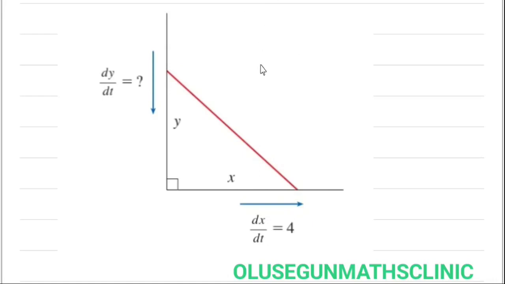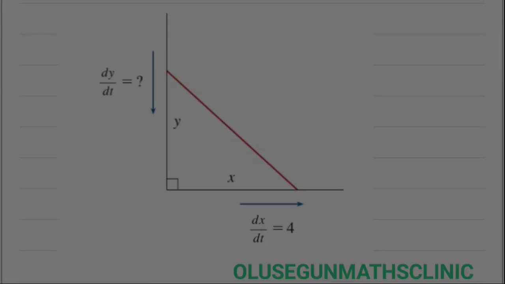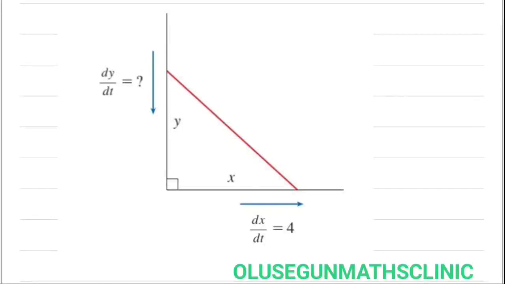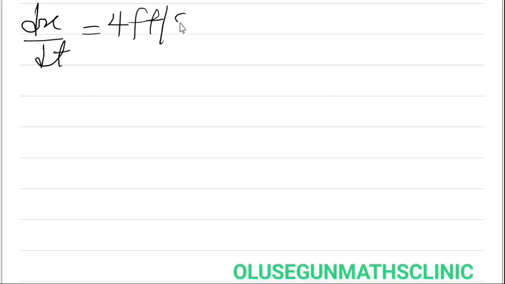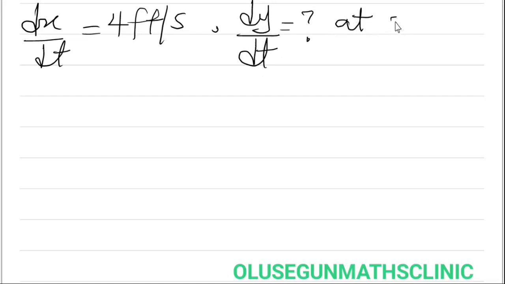There are some given values. Let's write them out. We were given the change in x with time, dx/dt, to be 4 feet per second. What we want to find is dy/dt, which was not given, at x equal to 6 feet.